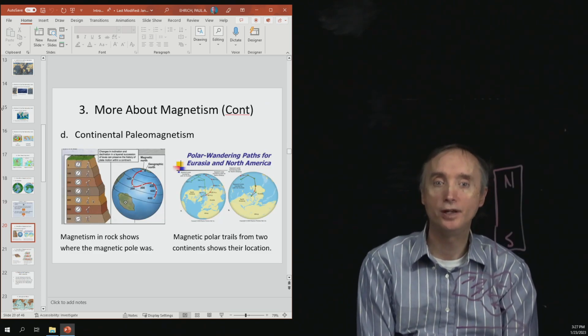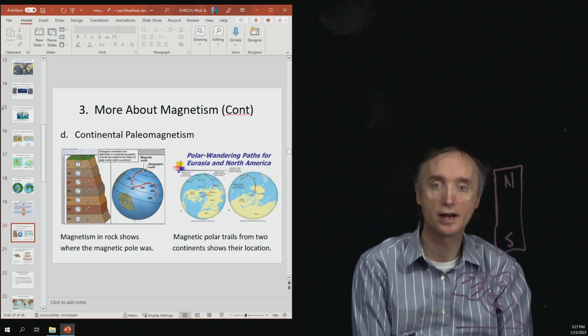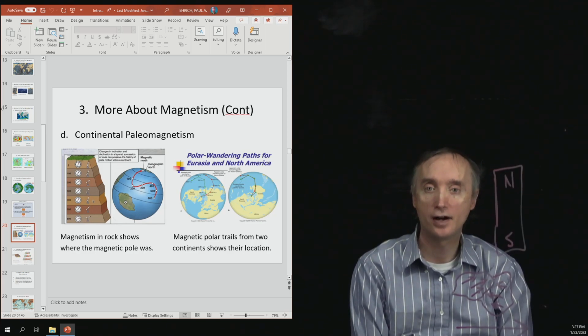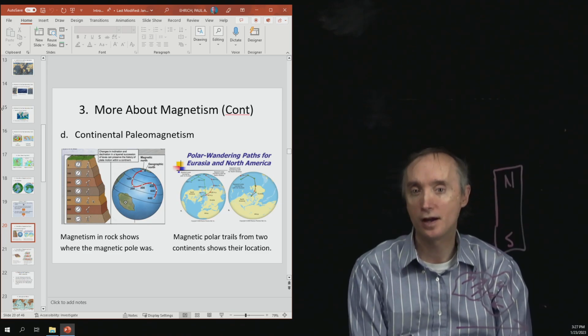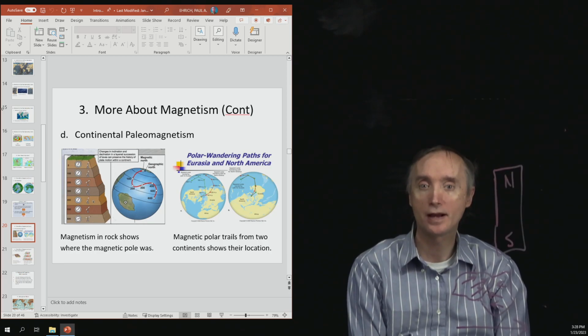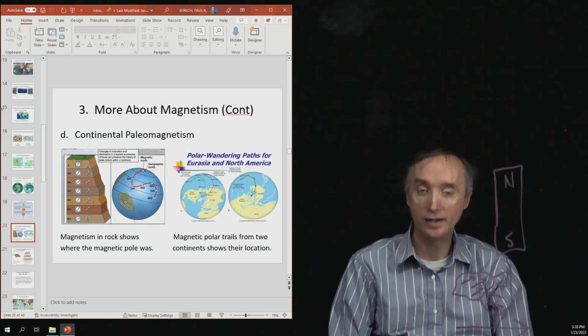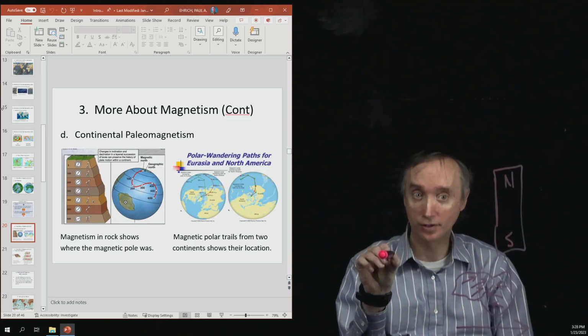So, how can we use this? When a geologist goes out in the field and they find some rocks, sometimes those rocks will have magnetic materials inside of them. And then when they take it back to the laboratory, they can measure the amount of magnetism in those rocks. They can measure the direction.